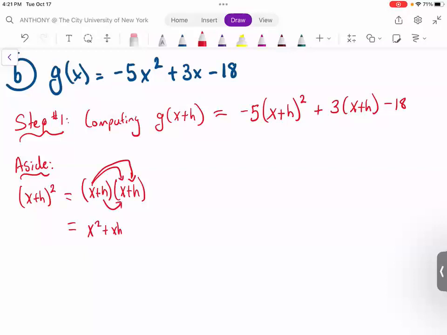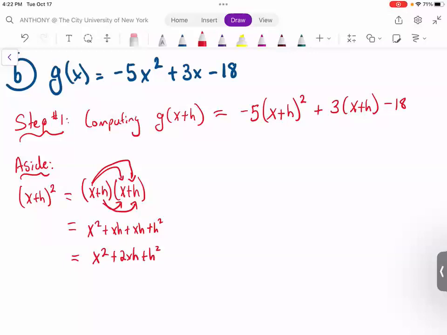Then I do h times x, which is xh. And then I do h times h, which is h squared. Okay? So just note that when I did h times x, it's hx, but hx is the same thing as xh. So when you FOIL, sometimes you also got to look at if you can combine like terms. Are there any terms that I can combine? Yeah, the middle terms. How many xh's do we have? 2. So this will give us x squared plus 2xh plus h squared.